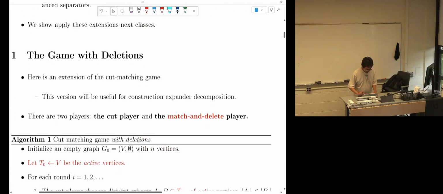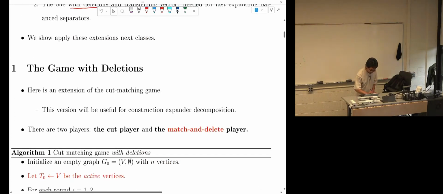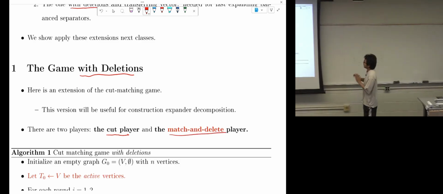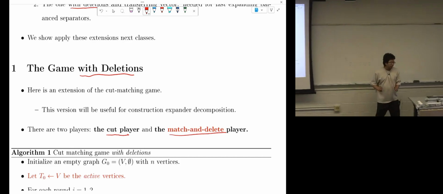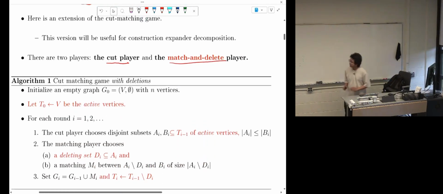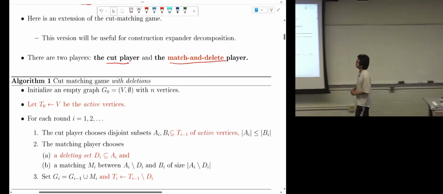So let's look at the game with deletion, the first extension. Here we still have two players, a cut player and a matching player, but here the matching player can match and delete. So let's see what will happen in this game. It's just like cut matching game.